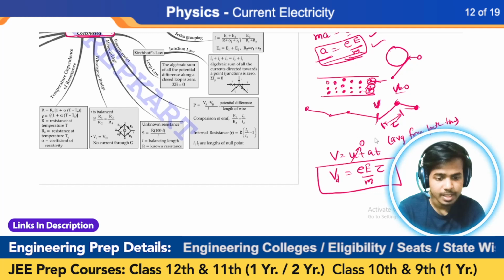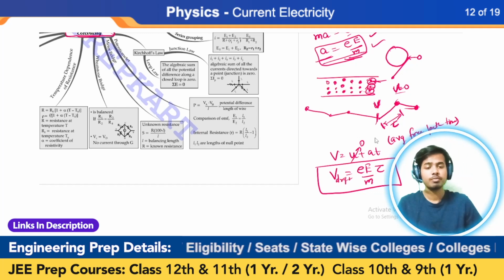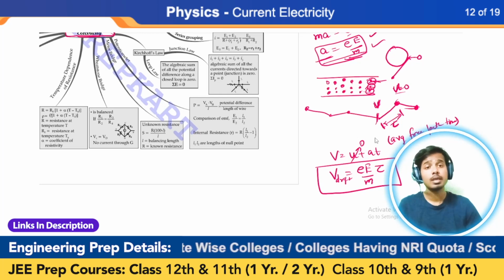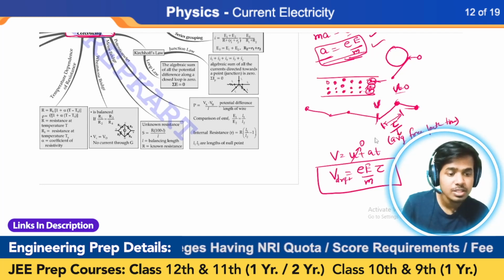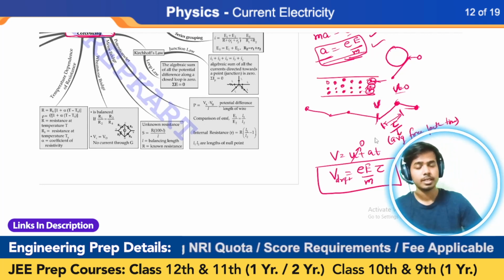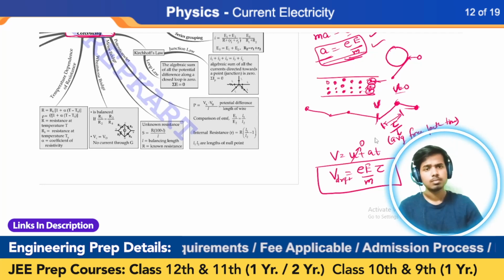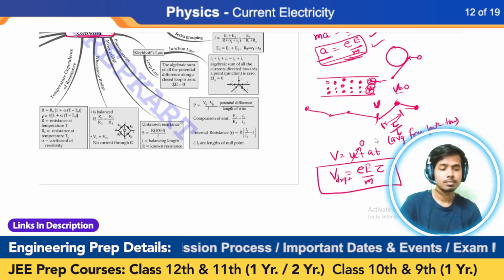So I'm calling this drift velocity. Why drift velocity? Why not maximum velocity? We are calling this drift velocity because it has been averaged. What we have plugged in here, tau, is the average free time, so what you get from there is the average of velocities, average of maximum velocities, sorry.